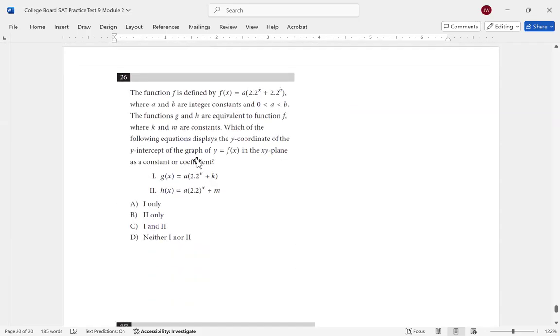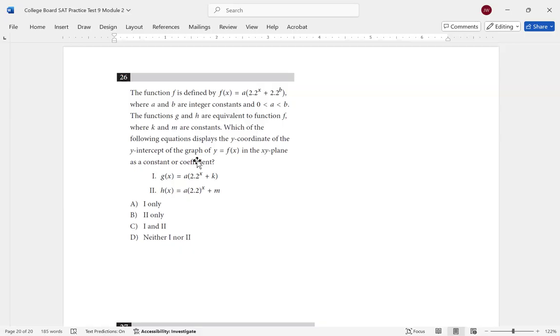Question 26. The function f is defined by f of x is equal to a times (2.2 raised to the x power plus 2.2 raised to the b power), where 2.2 raised to the x plus 2.2 raised to the b is in parentheses. a and b are integer constants that are both above 0, and b is bigger than a.